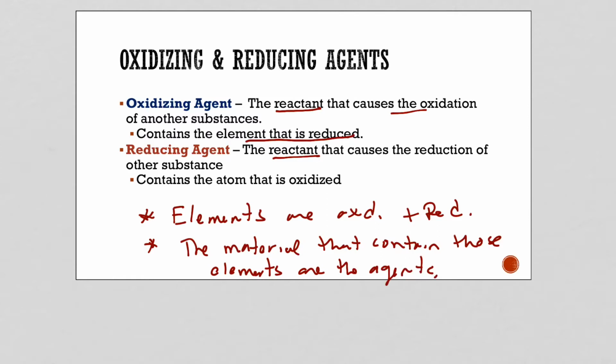We'll get into that when we do some examples. So the oxidizing agent is the reactant that causes oxidation, and therefore it contains the element that is reduced. The reducing agent is the reactant that causes reduction. Therefore it contains the atom that is oxidized. So by being oxidized, it causes something else to be reduced. So we have oxidation and reduction, which are the processes occurring, and then we have the oxidizing and the reducing agents, which are the reactants that are involved in the reaction.